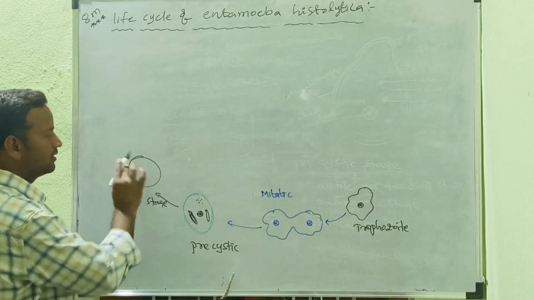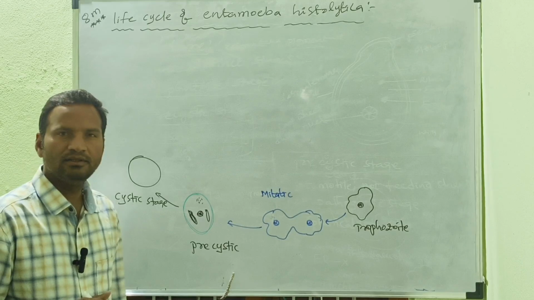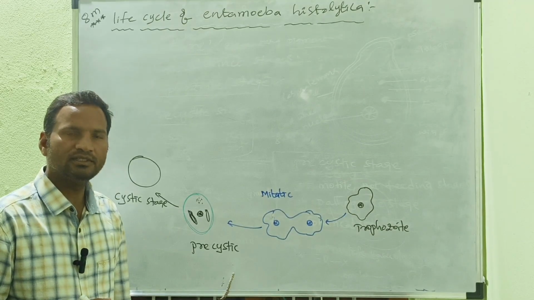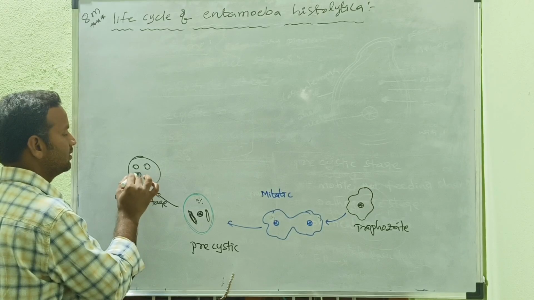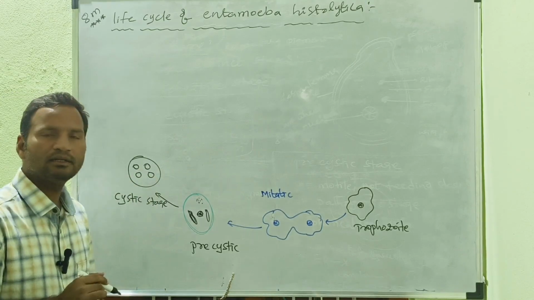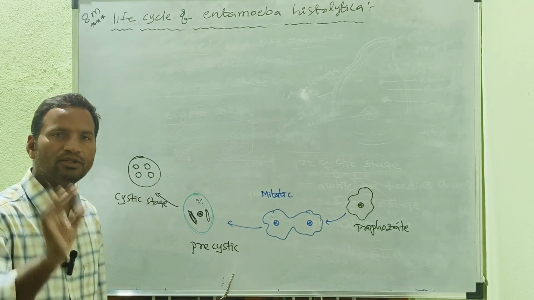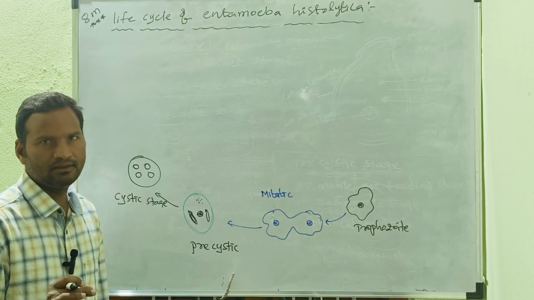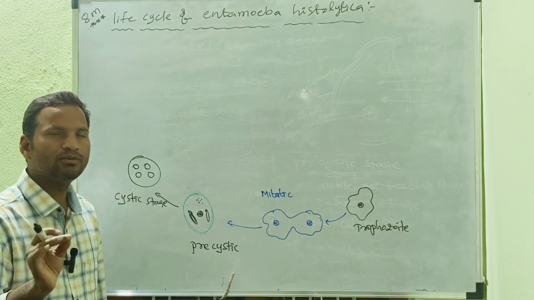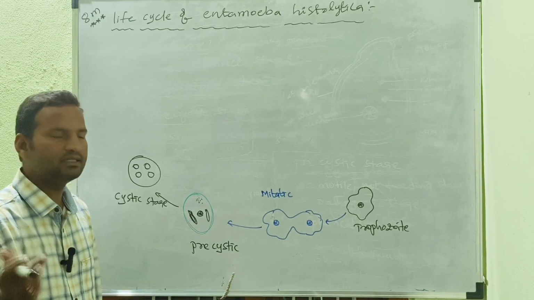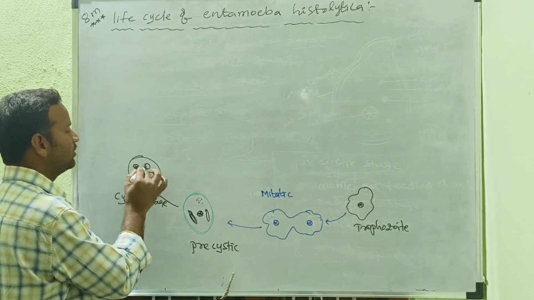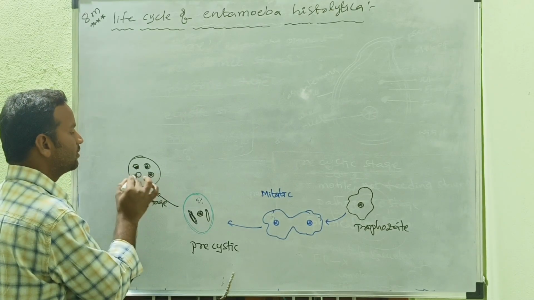Yes, it is further converted into the cystic stage. I already told you about the cystic stage. The ultimate result is that it forms four daughter nuclei. One cartwheel shaped nucleus undergoes two successive series of mitotic division, and as a result forms four daughter nuclei.